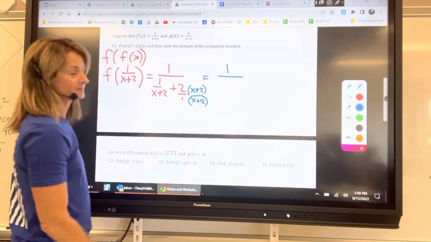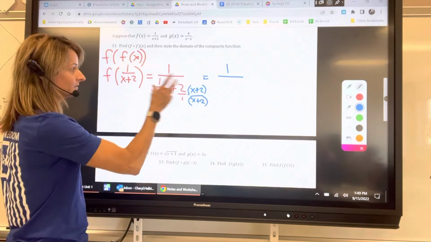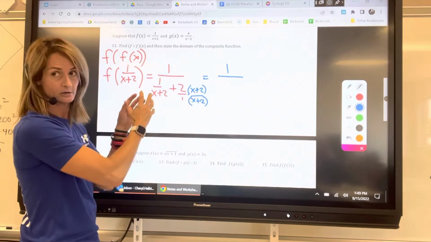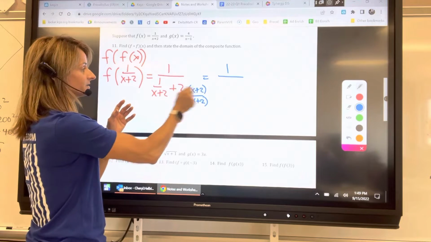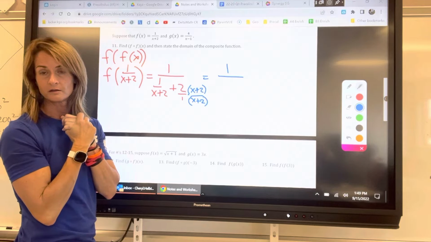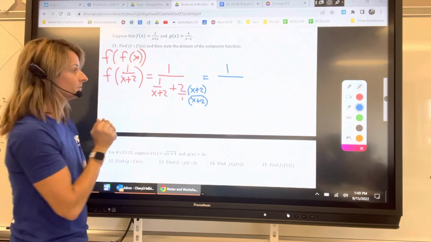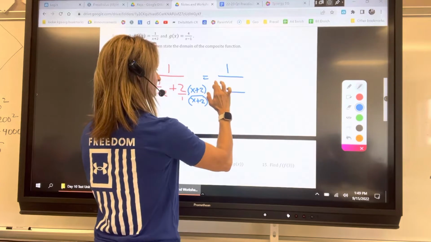And the denominator is x plus 2. So in the numerator of the denominator, I have 2x plus 4 plus 1. Are you with me? 2x plus 4 and then plus that 1 there. That's the numerator. So that's 2x plus 5.